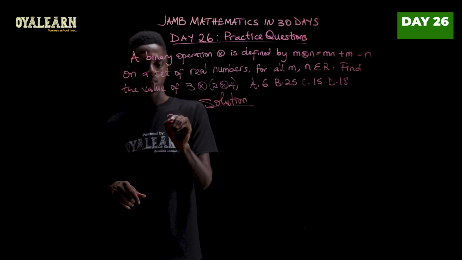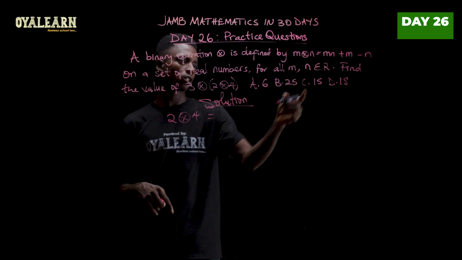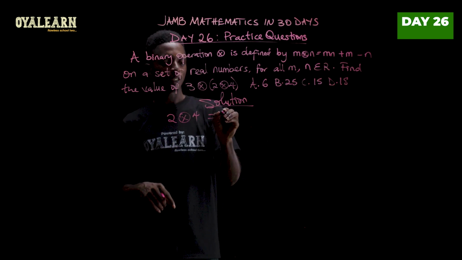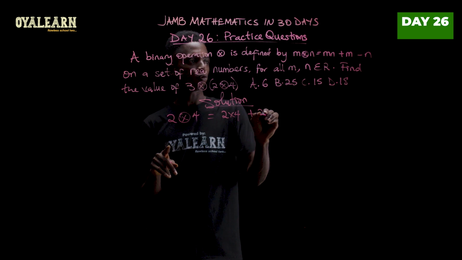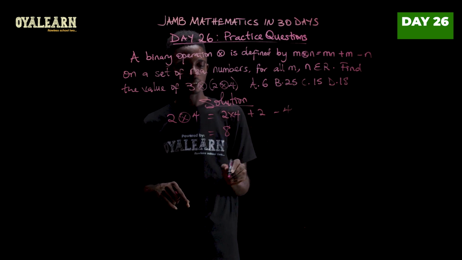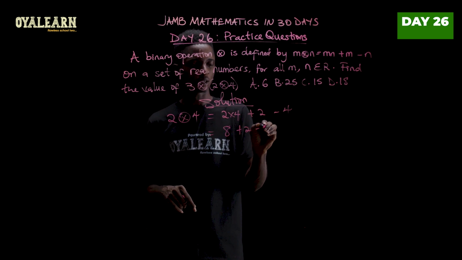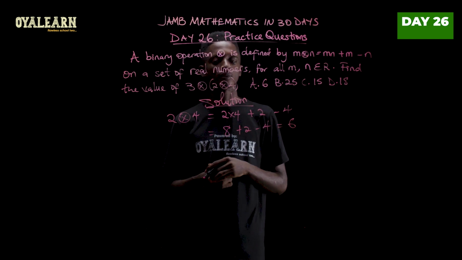So starting with 2 and 4, following the rule we have here, that will be 2 times 4 plus 2 minus 4. Now, 2 times 4 will give us 8, plus 2 minus 4, and then this would give us 6.